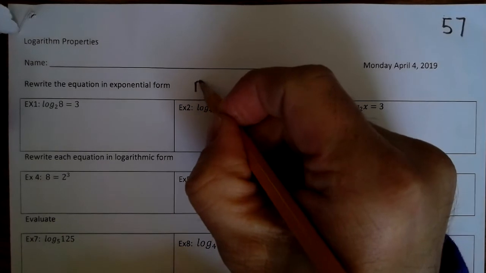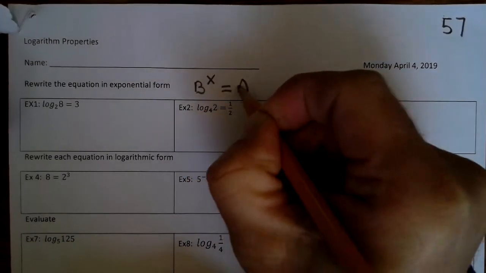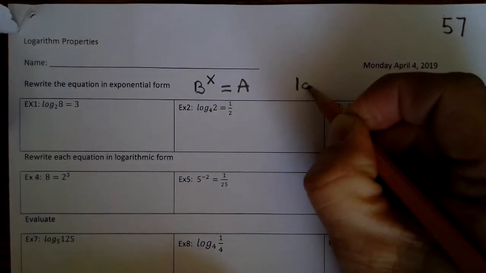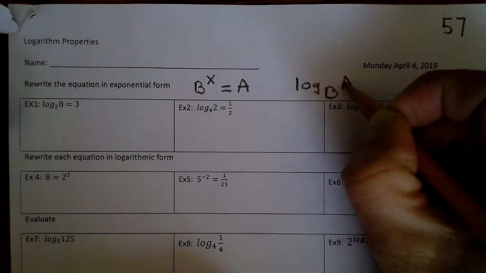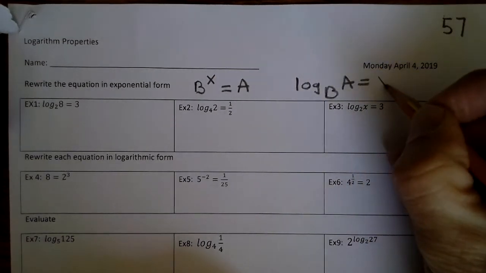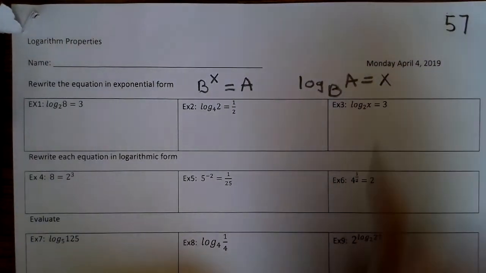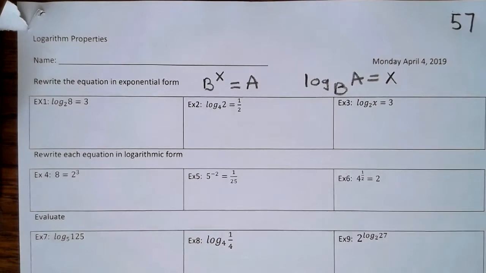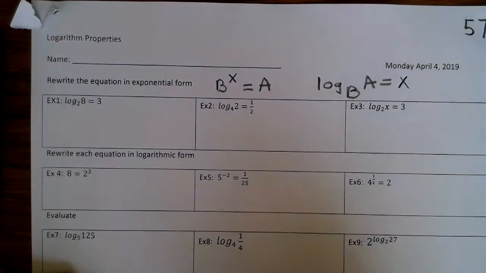So b to the x is equal to a, and log base b of a equals x. All right, so what you first have to do is identify b, x, and a.